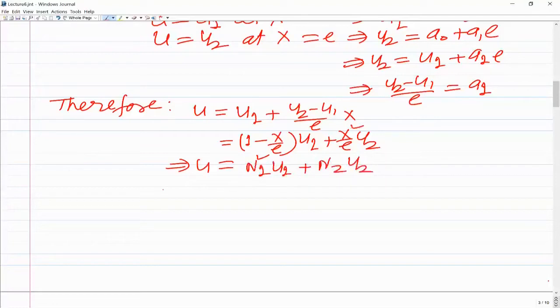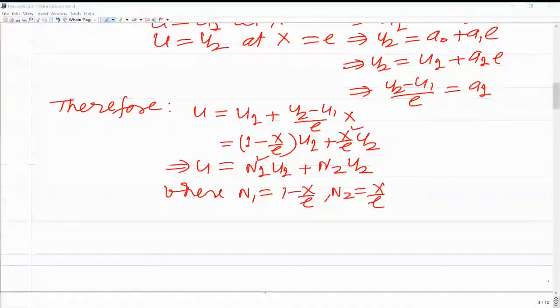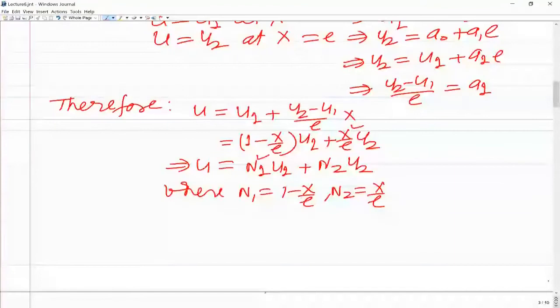Here, as I have said, n1 is 1 minus x by L, and n2 is x by L. These n1 and n2 are referred to as interpolation functions or shape functions.